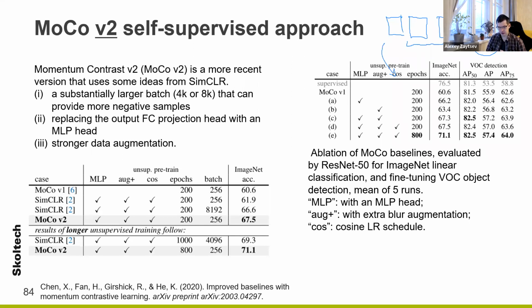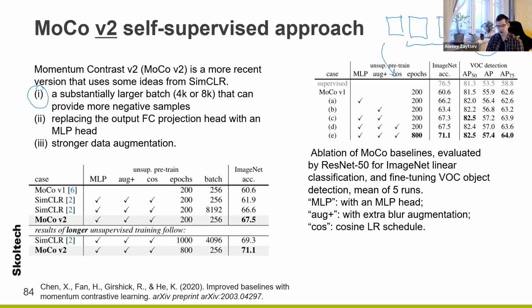And we consider 3 improvements that were made by SimCLR compared to the first version of MOCO. The first heuristic was to use much larger batches of size 4K objects or 8K objects, really large batches. And we saw in the BYOL paper that it's critical to have large batches for this kind of self-supervised approach. Also, in SimCLR, we have an updated projection head.